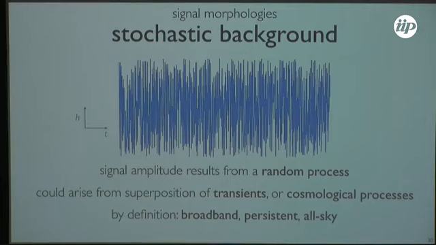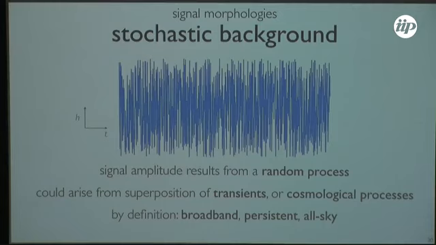And so we talk of astrophysical stochastic backgrounds, which means it's just from the addition of all these astrophysical sources like compact binaries, or primordial or cosmological backgrounds, which are signals that would be intrinsically from a random process in the early universe. By definition, these signals are broadband, which means they happen in large swaths of frequency. They're persistent, so they're all the time, and they come from everywhere, essentially, in the sky.